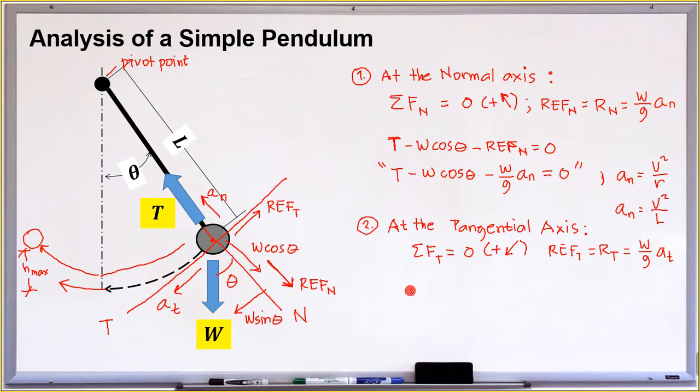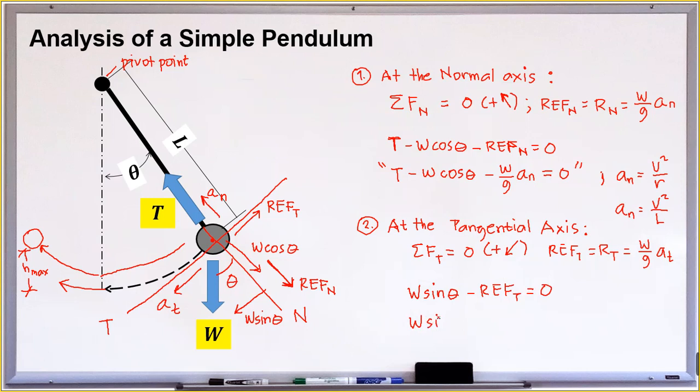So we have W sine of theta, tapos si reverse effective tangential force dayon, so minus reverse effective tangential force is equal to 0.